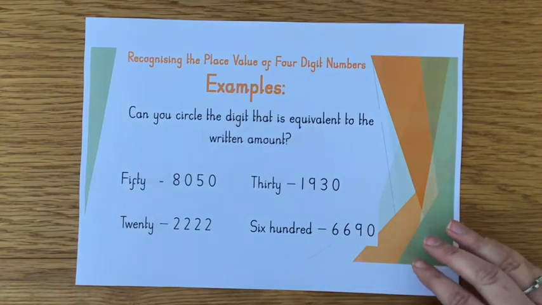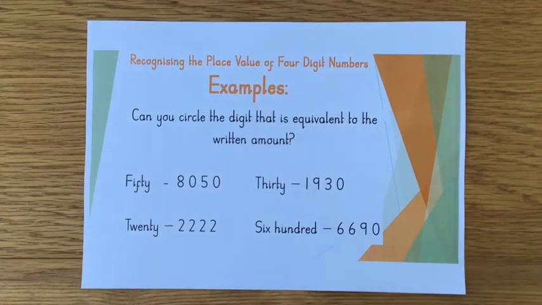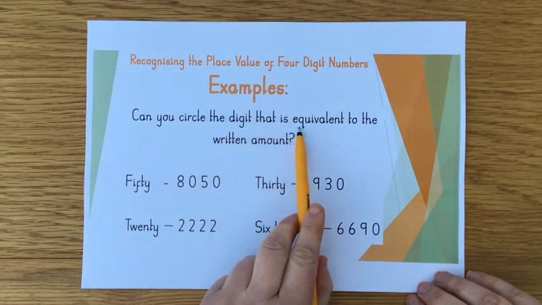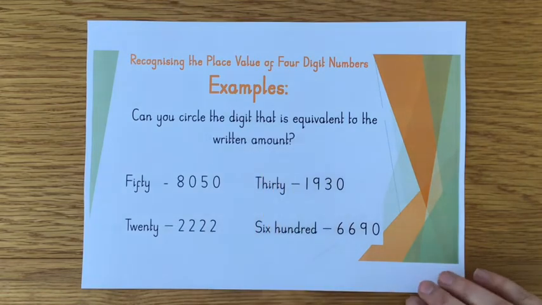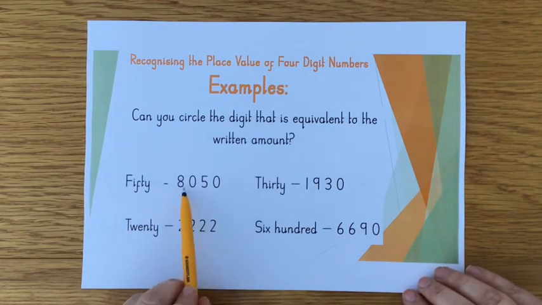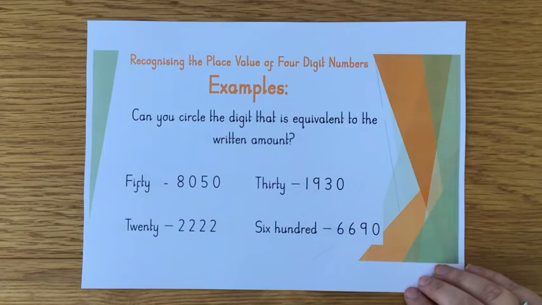Okay, now I've been asked to circle the digit that is equivalent to the written amount. So, in this number 8050, I've been asked to circle 50. Which number represents 50?